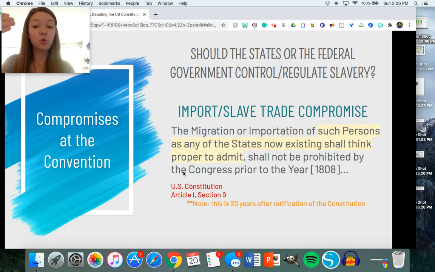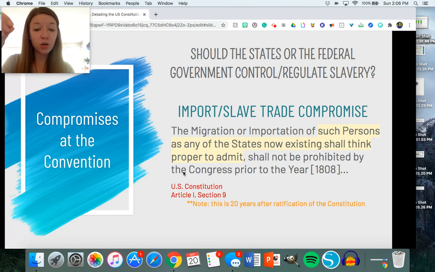And note, this is 20 years after the ratification of the Constitution. So what this is saying is that it's not the federal government that controls or regulates slavery. Congress, the national government, cannot touch that issue until at least 20 years after they ratify this document.